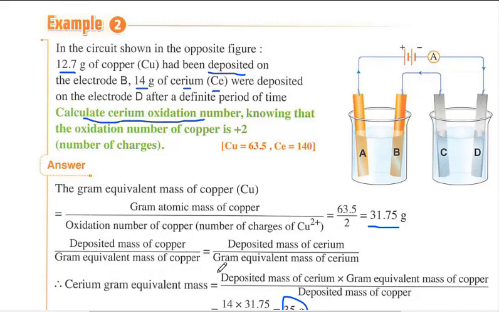So when we calculate the equivalent mass of cerium, we can divide the atomic mass of cerium over the equivalent mass of cerium to give the number of charges of cerium, or the oxidation state. We take that the equivalent mass equals the atomic mass over the number of charge. So if we divide the atomic mass over the equivalent mass, we obtain the charge, or the oxidation state, of the element. Okay.